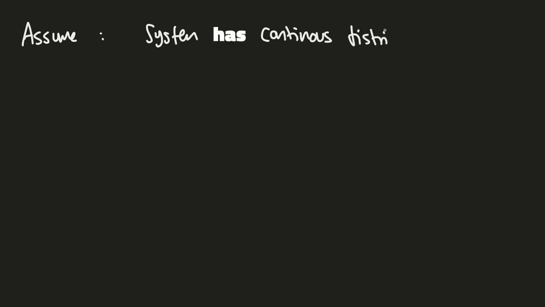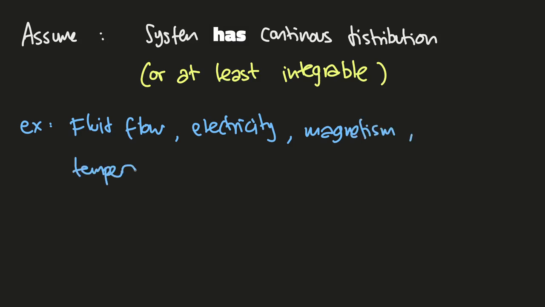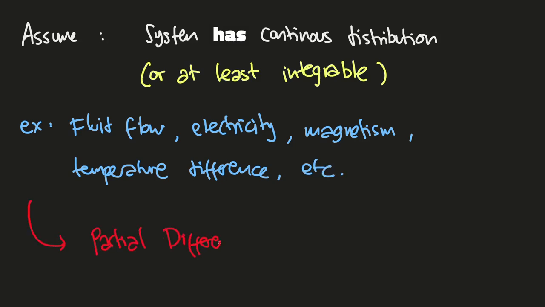To answer the question, first we assume that our system has a continuous distribution, or at least an integrable distribution. For example, we have fluid flow, where every part of the fluid has a different velocity vector and direction, and then electricity and magnetism, and temperature differences across time and space, etc. So that means our system needs partial differentiation, which leads the equations of our dynamics to partial differential equations.